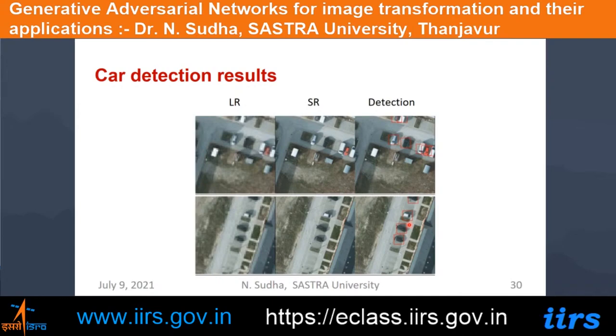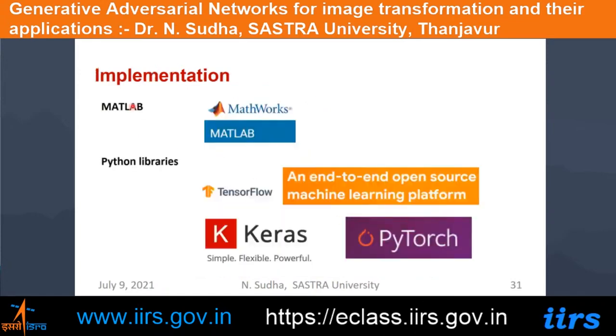So when coming to the implementation of this generative adversarial network, there are a variety of software available. The most popularly used ones are MATLAB and the Python libraries. All the other networks are implemented with this software.